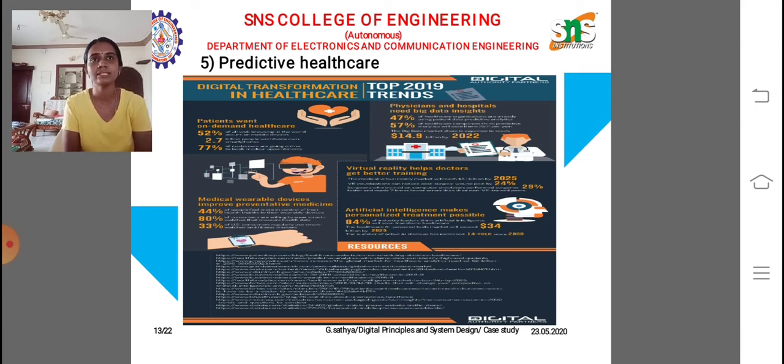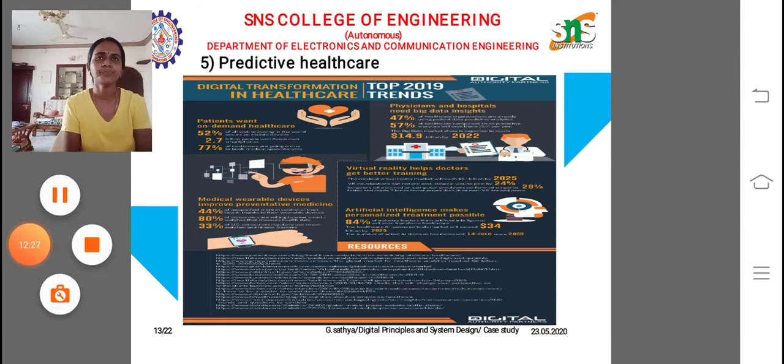A person's past medical history is merged with the present data, so we can easily predict what will happen in the future. So predictive healthcare also plays a vital role in the digitization concept.